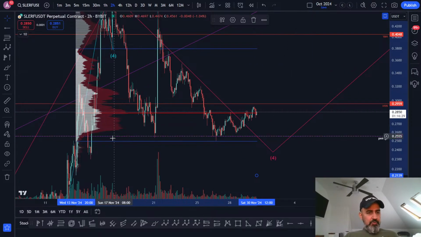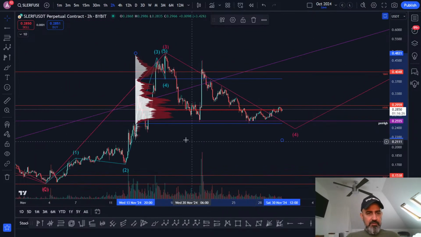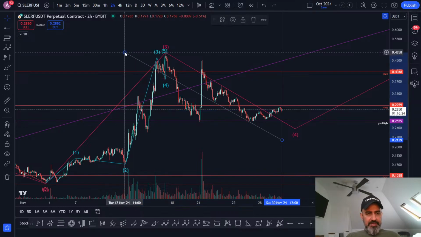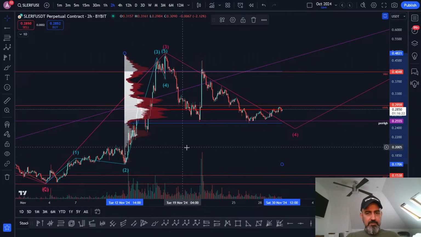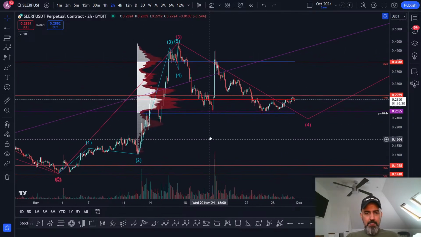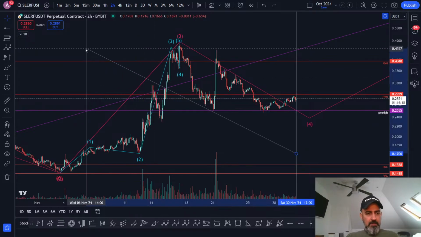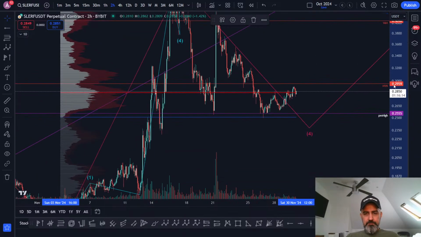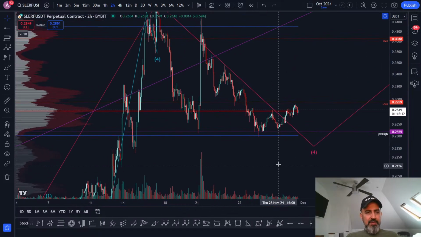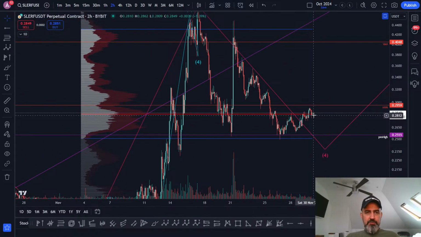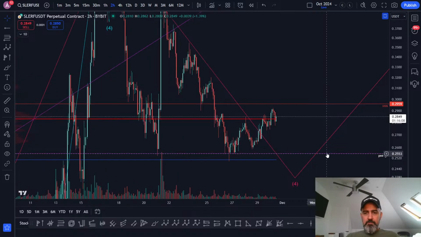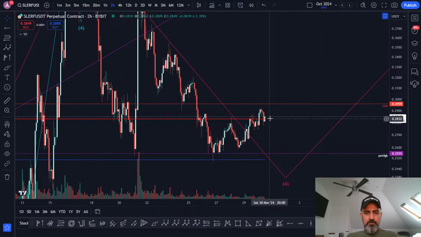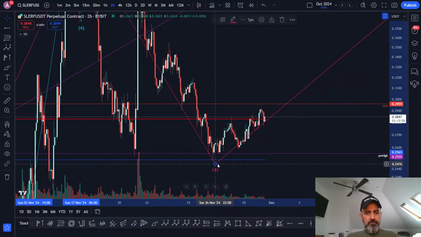So let me just pull the volume from this kind of wave. Let's do the whole wave. And the value area, point of control. Is that it?